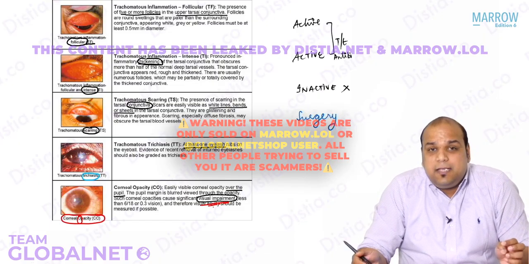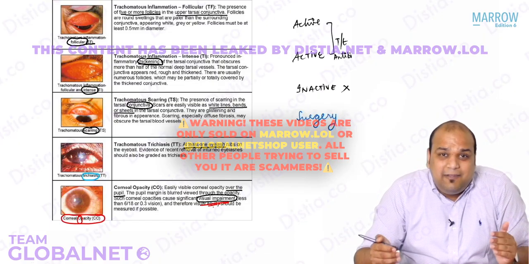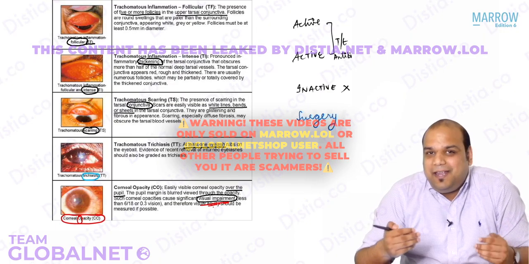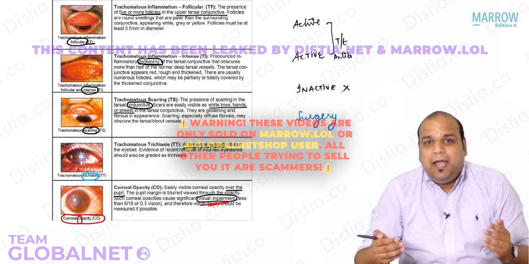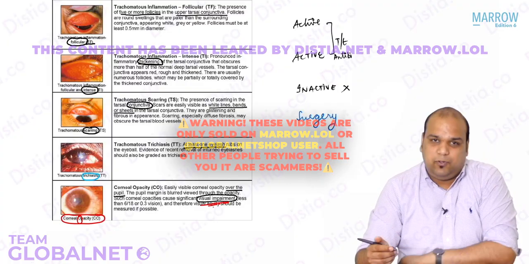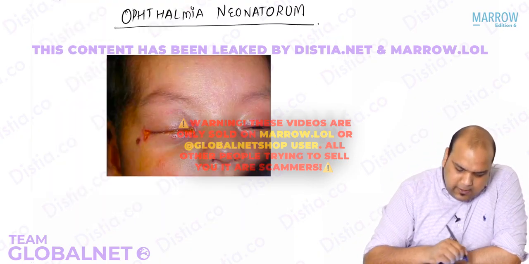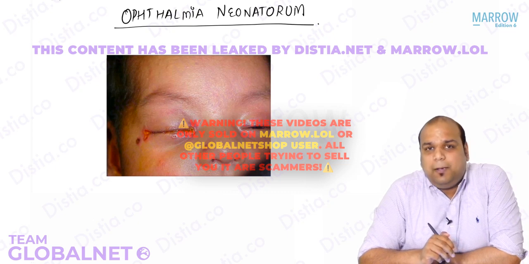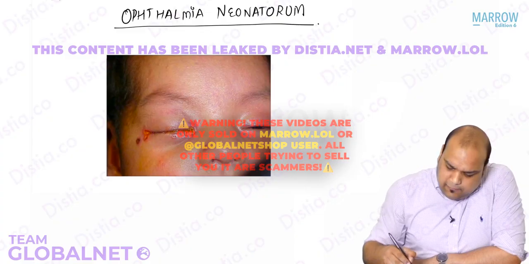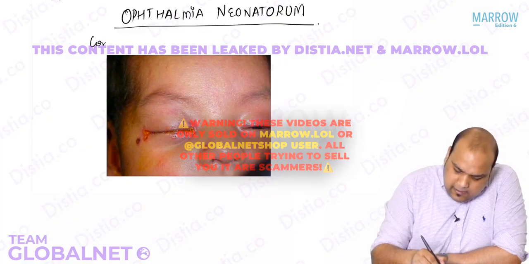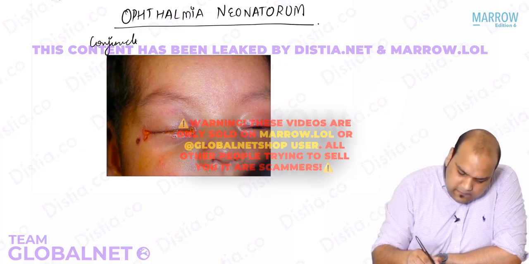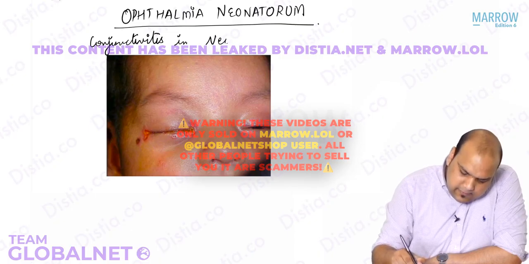If you ask me, sir, what is the single most important condition in conjunctiva, I will say trachoma. Please do remember every simple point that we have shown you and told you, and all the 4 or 5 photographs. Now, the next topic in relation to chlamydial conjunctivitis that we want to study is ophthalmia neonatorum. As is clear from the image, we are saying conjunctivitis in a neonate.